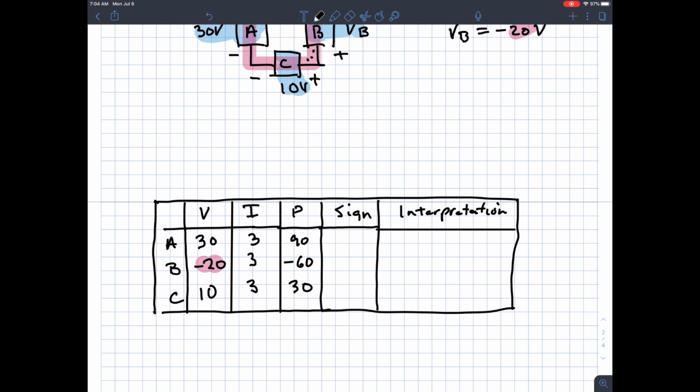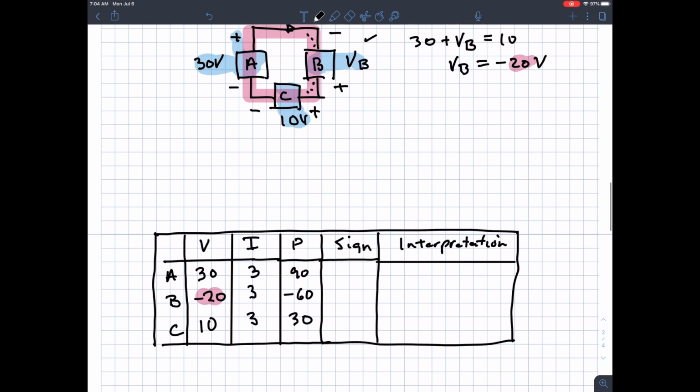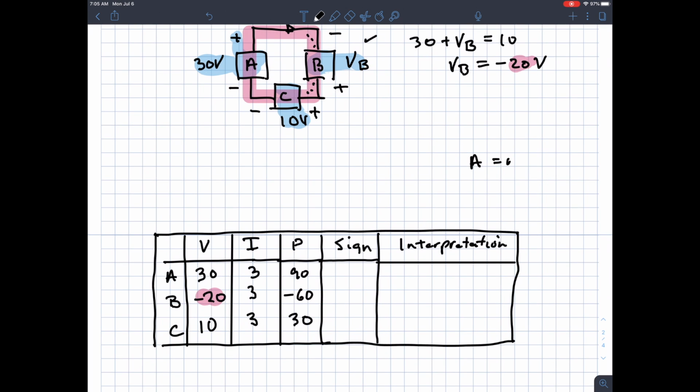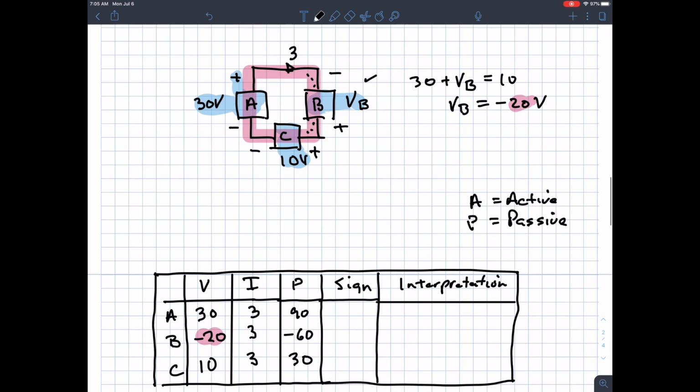Okay, now I look at the sign conventions. What I'm wanting here is A for active and P for passive. So I look at the sign convention for A. Let me clean this up a little bit. For A, if I'm looking at the current moving in this direction, as I move in the direction that current is referenced, it's a voltage rise.